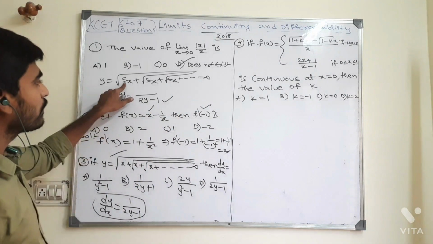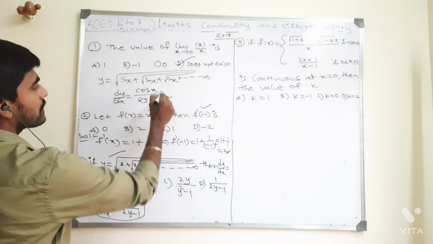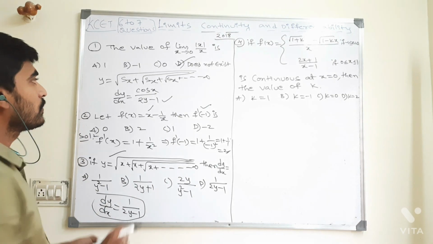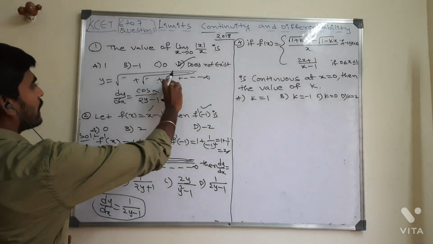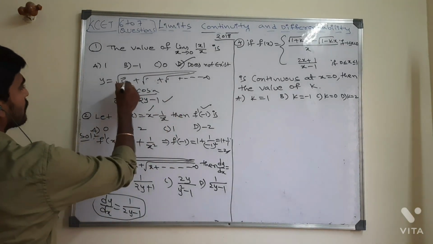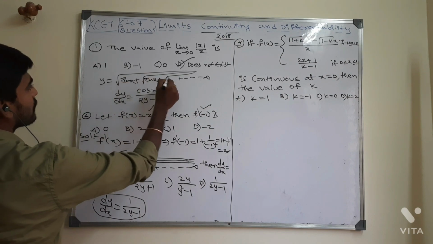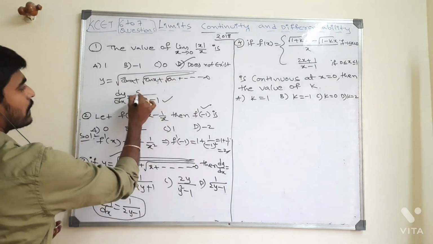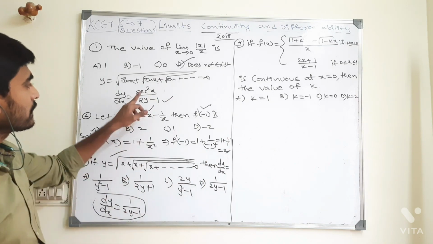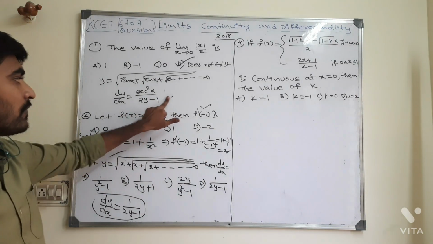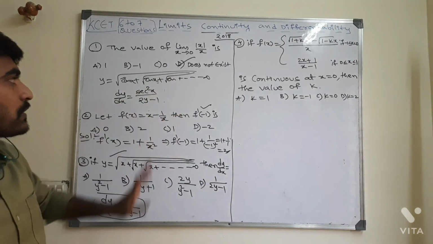The denominator 2y minus 1 is common. Then the derivative of sin x is cos x, that's it. Suppose instead of sin x they have given tan x. Then what is the derivative of tan x? Secant square x. So secant square x divided by 2y minus 1. It is a standard result.